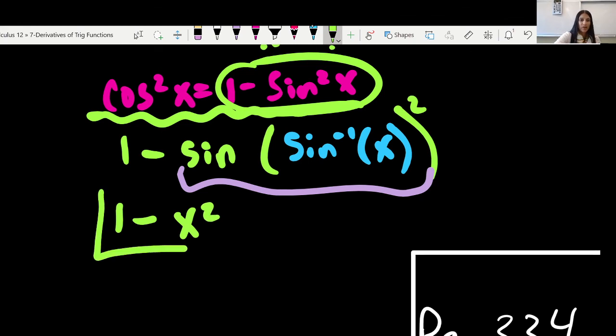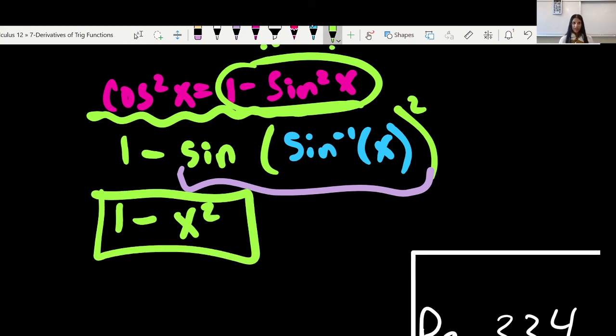So after all that work, I just have 1 minus x squared, because all of this stuff, they're opposites, so they cancel one another out. They're inverses, so they cancel one another out. Which only leaves you with the x that was here.